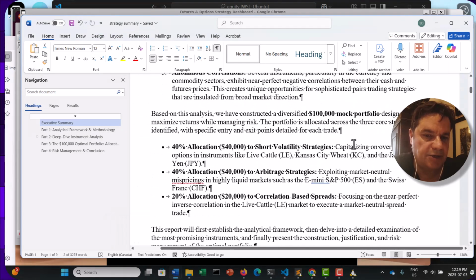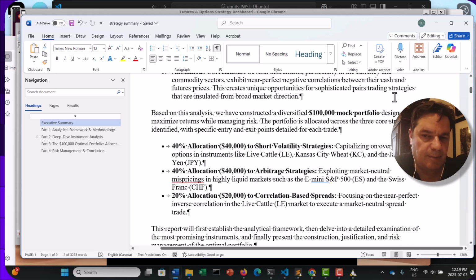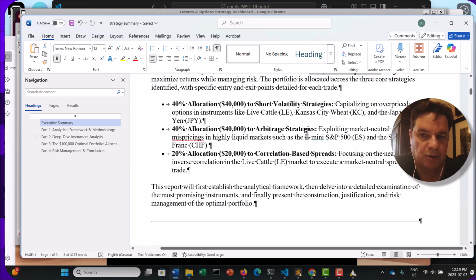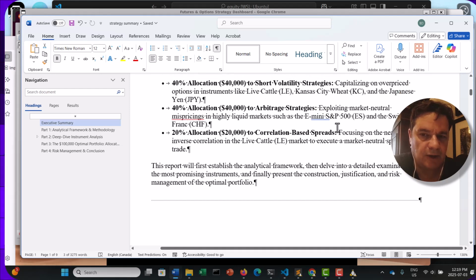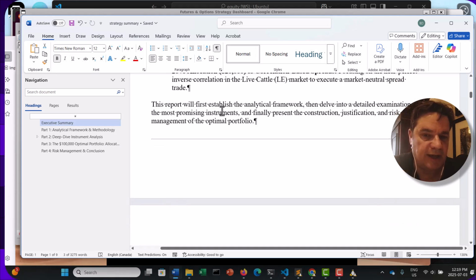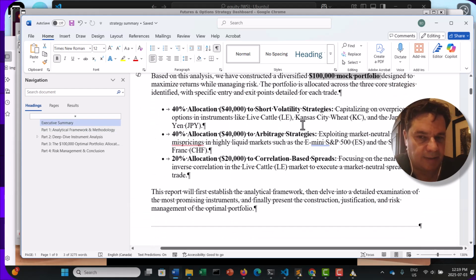So these are all the major strategies. The other important part here is the allocation. On a mock portfolio, 100 grand, 40% of it should go towards Kansas wheat arbitrage opportunities, 40,000 allocated to S&P 500, the ES, and the other one on live cattle at 20K. That's what it's telling me in the summary.